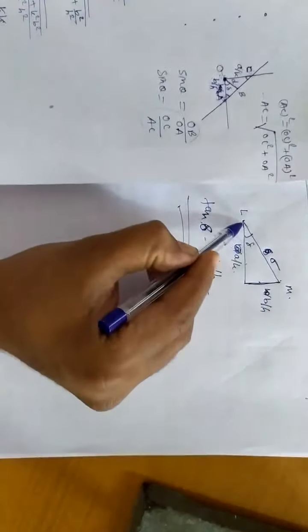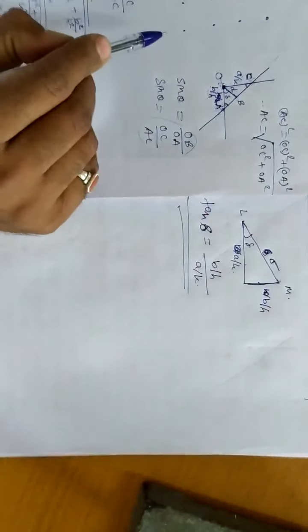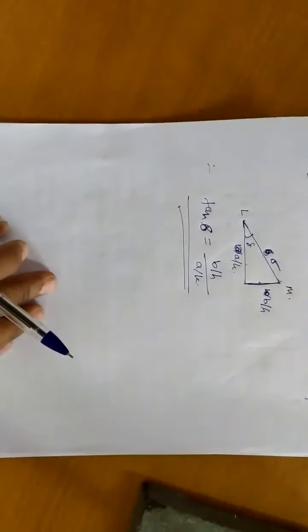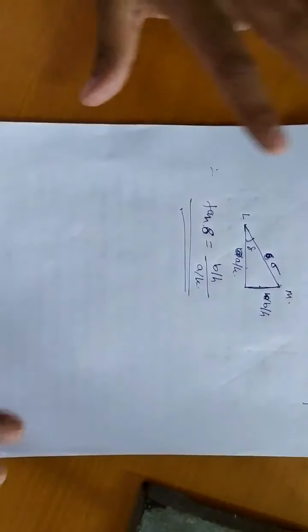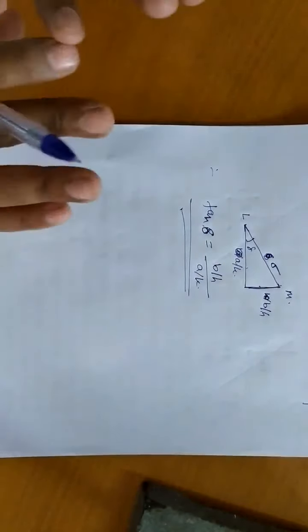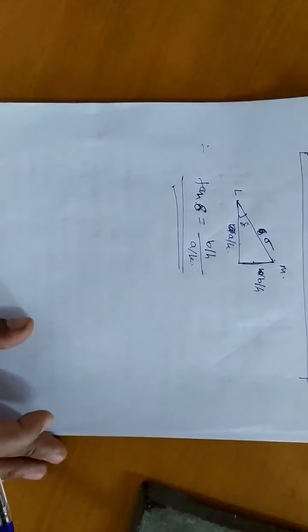That is, this distance LM represents the reciprocal of the interplanar spacing d. Therefore the reciprocal of a square lattice will be a square lattice, reciprocal of the parallelepiped will be a parallelepiped, and so on.